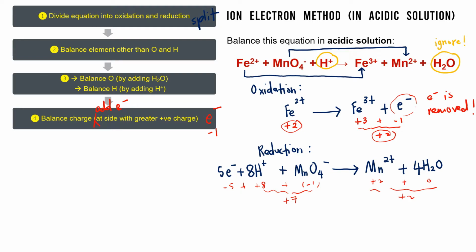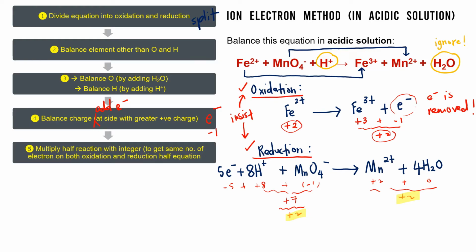So the new total charge here will be plus 2. So by having plus 2 charge sebelah kiri, plus 2 charge sebelah kanan, you have successfully balanced this reduction equation. Labeling of oxidation and reduction is compulsory. Wajib kena tulis dalam half equations you.